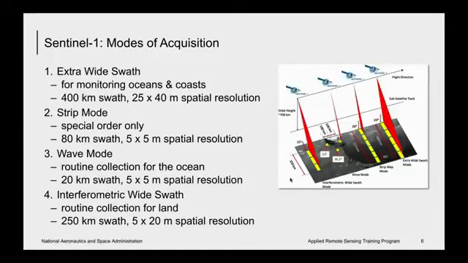Then there's the wave mode, which is routinely collected for the oceans, and that has a 20-kilometer swath, 5 by 5 meter spatial resolution. And then finally, we have the interferometric wide swath, which has routine collections over land, has a 250-kilometer swath, and a spatial resolution of 5 by 20.